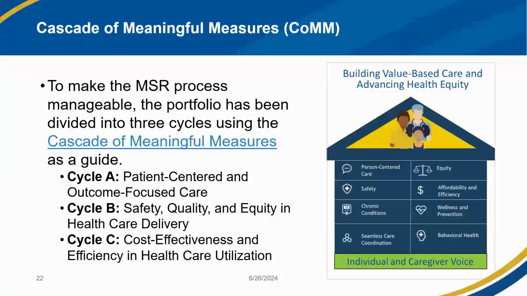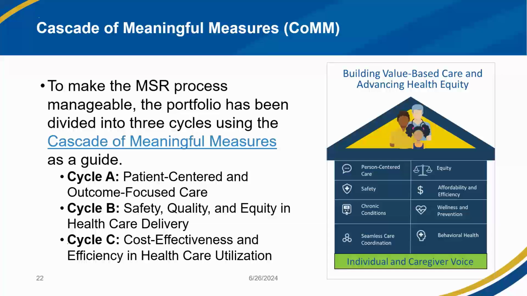So going back to what we were discussing for the selection of measures, what the CBE uses is the cascade of meaningful measures, which helps to prioritize the measures. So they've kind of organized it by 3 cycles.